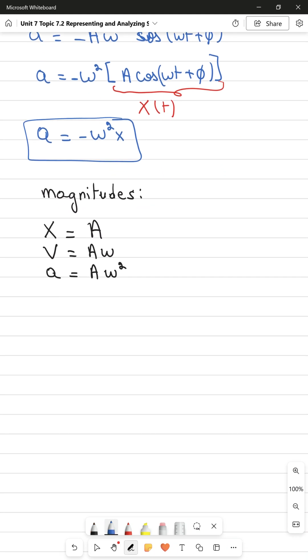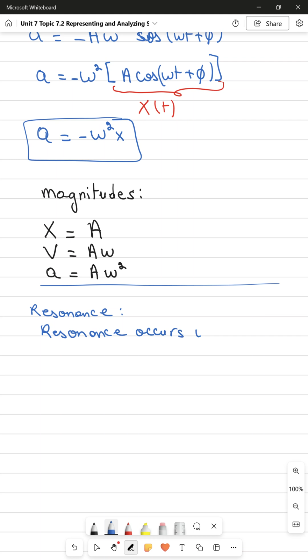The second thing that we'll talk about is resonance. Resonance occurs when the frequency that we calculated before matches the natural frequency.